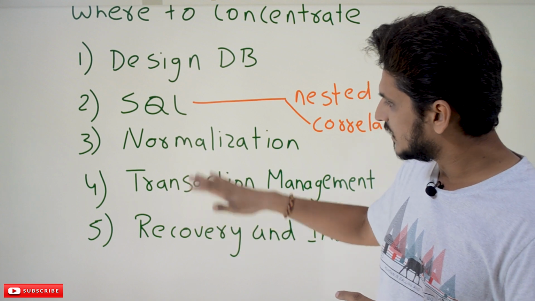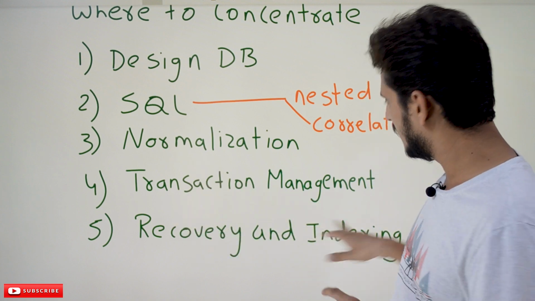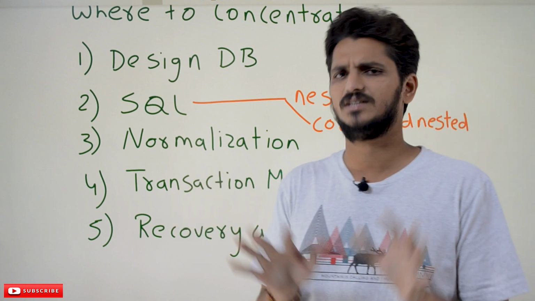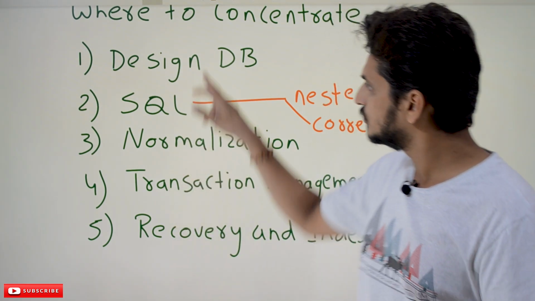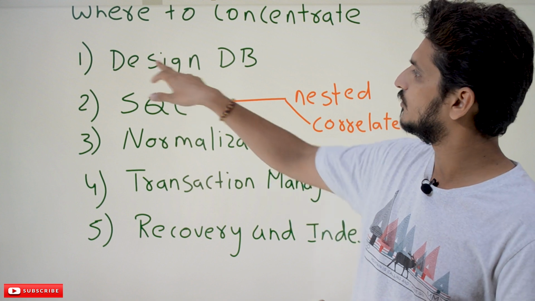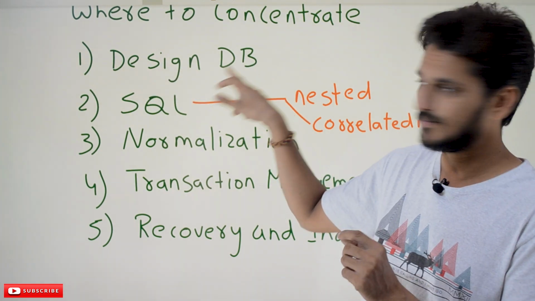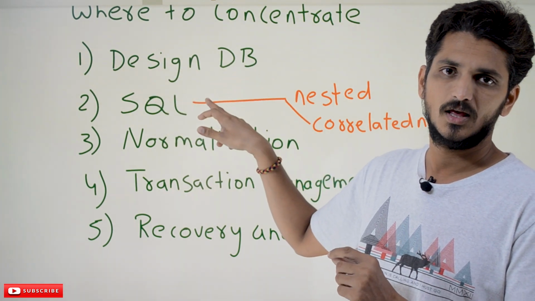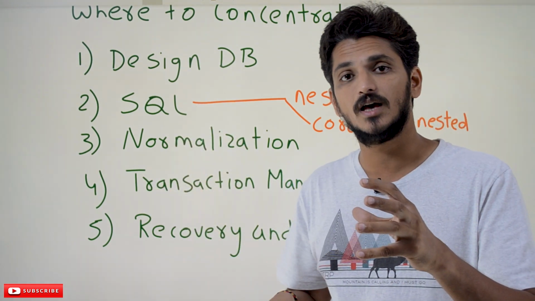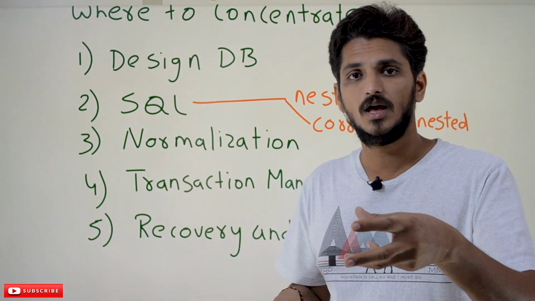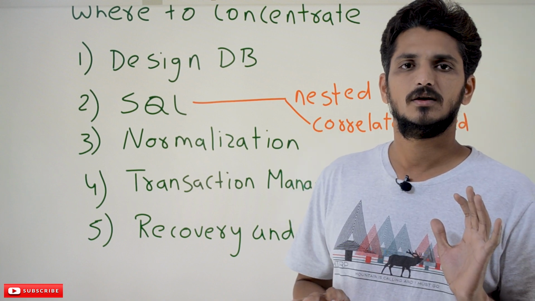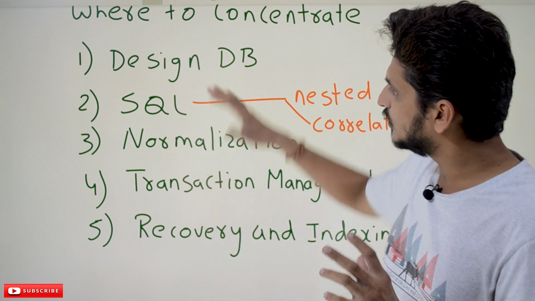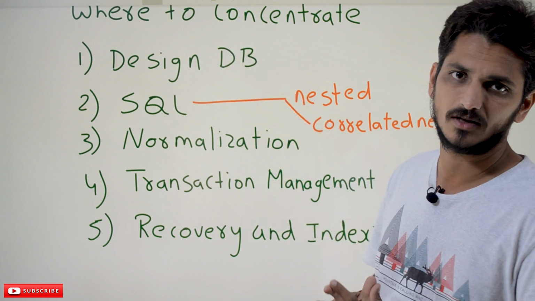For transaction management, recovery and indexing, if you have a basic idea, that's enough. The first 2 parts, designing a database and SQL, are very important. If you want to go for higher studies or competitive exams, all the 5 sessions are important. So you have to concentrate on each and every session.